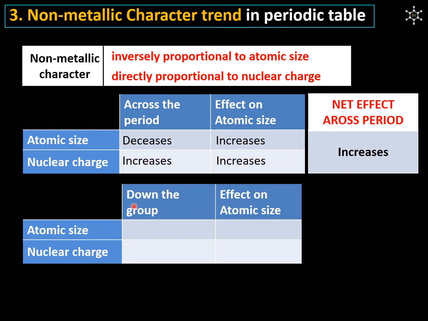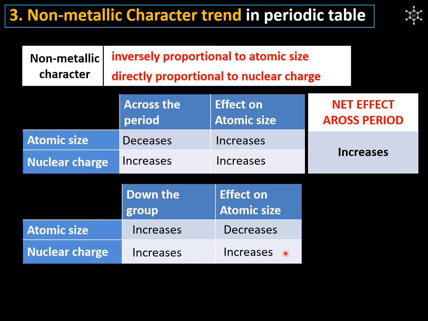Atomic size down the group increases. Since atomic size is inversely proportional to non-metallic character, we expect the non-metallic character to decrease down the group because of atomic size. Nuclear charge down the group increases. Since nuclear charge is directly proportional to non-metallic character, we expect the non-metallic character also to increase down the group because of nuclear charge.